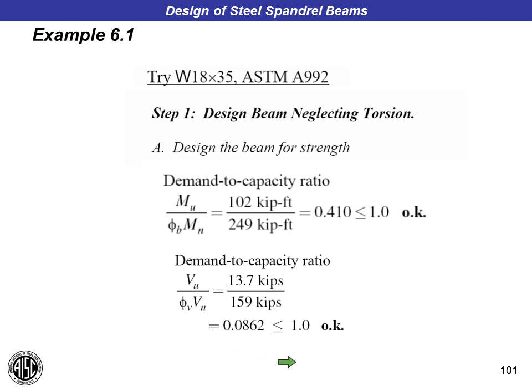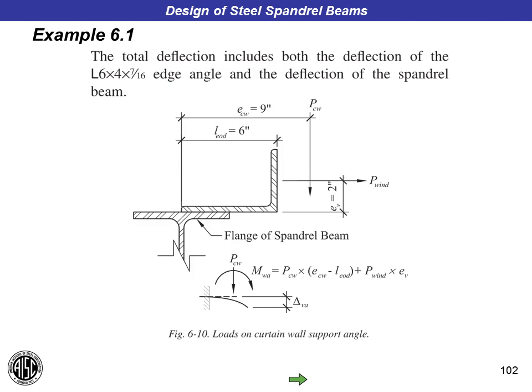So now let's look at what happens when we apply the forces from the curtain wall to the beam and see how much deflection we're getting. First thing we're going to do is check the angle, this L6x4x7/16, for flexure at the tip of the flange, which you see here, and first determine the vertical displacement due to just bending of the horizontal leg of the angle.